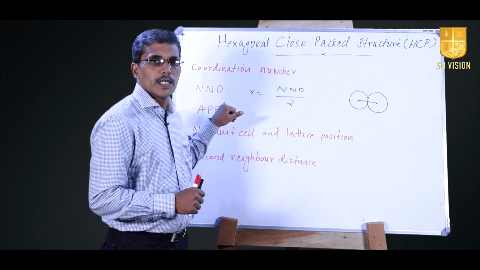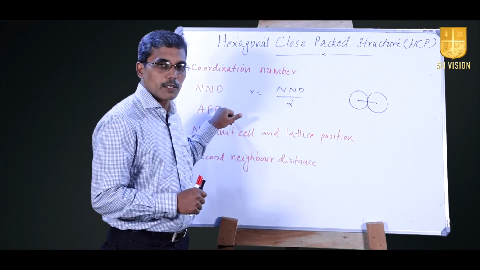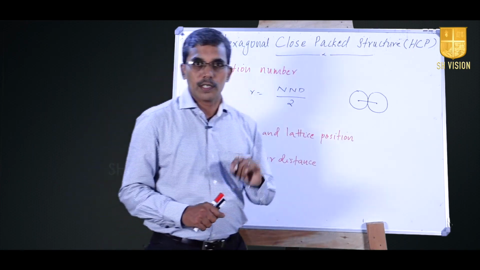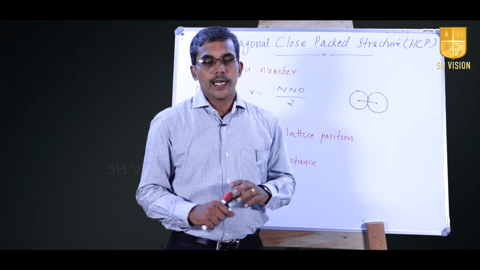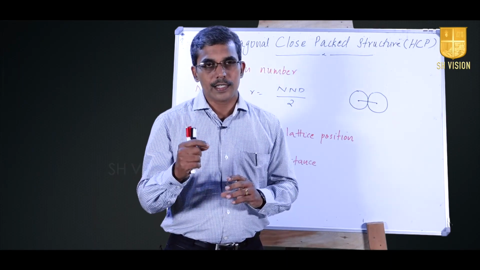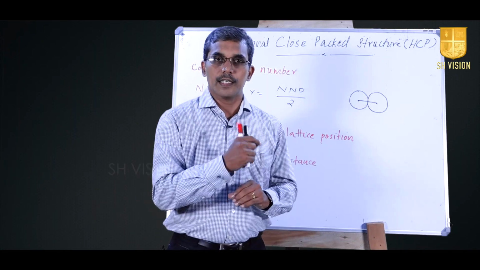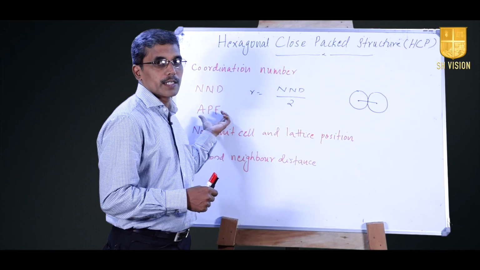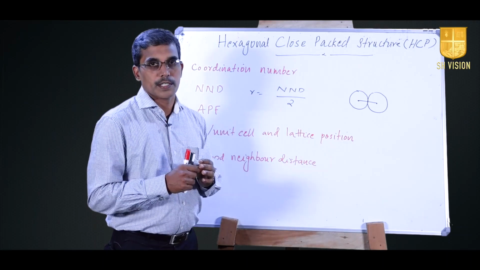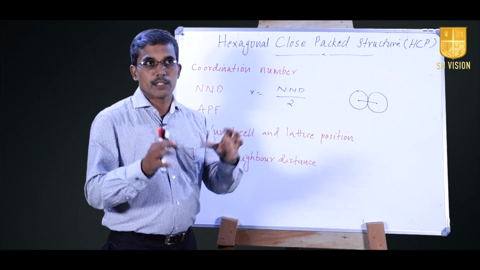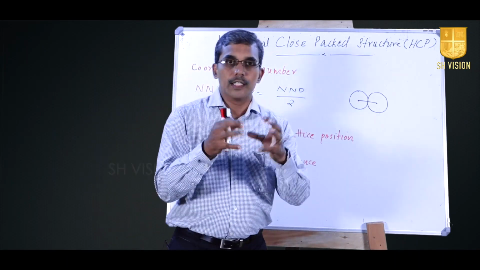In the case of simple cubic crystal structure, atomic packing factor was found to be 52.4%, and in the case of body centered cubic crystal we have seen it is 68%, and in face centered cubic crystal we have calculated atomic packing factor which was 74%, and 74% is the closest packing when hard spheres are packed in space.